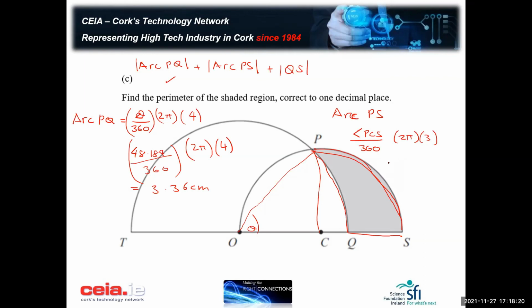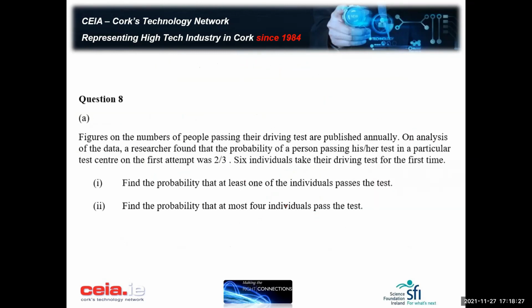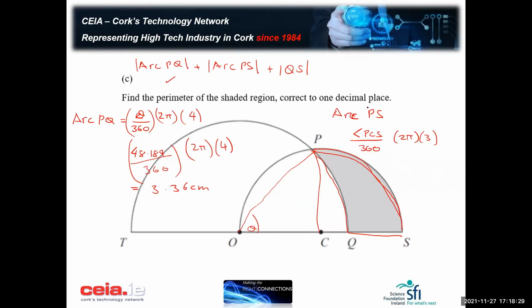Okay, and we said the PCS earlier on was 96.379. So that's 96.379 divided by 360 by 2 pi by 3, which is 5.04. Therefore, we know that guy.